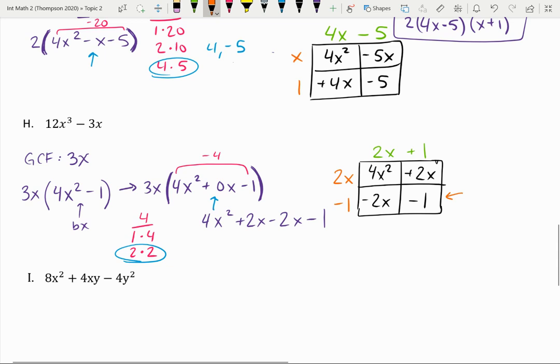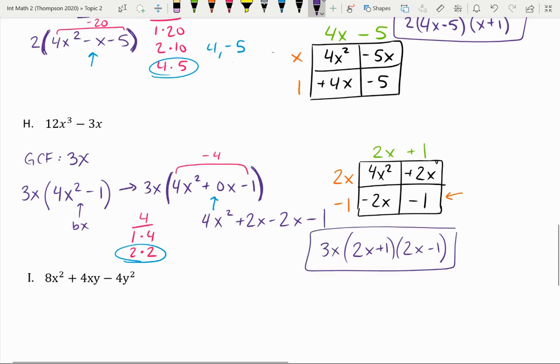But remember, I've got to take out that negative because my leading term is negative. So for my factors, I get a 2x plus 1 and a 2x minus 1. And my GCF was 3x.